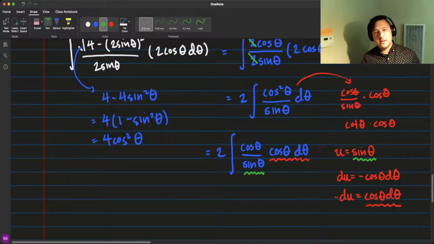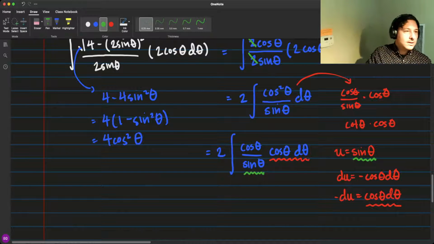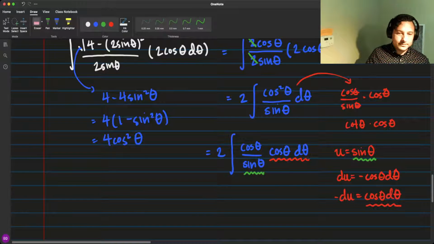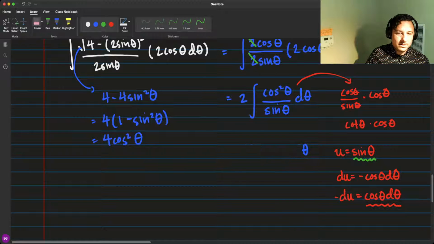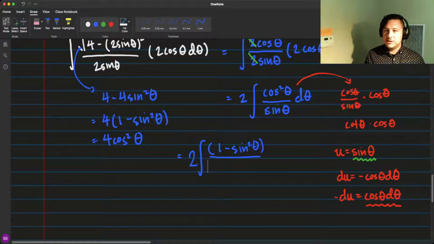Crap, I think I need to rearrange this a little. We're so close. Okay, wait. I think I know what we need to do. Okay, that cosine squared on the top, I'm going to rewrite it as 1 minus sine squared. Okay, don't write this down yet because it might change. Does that make sense? Just pause for a moment.